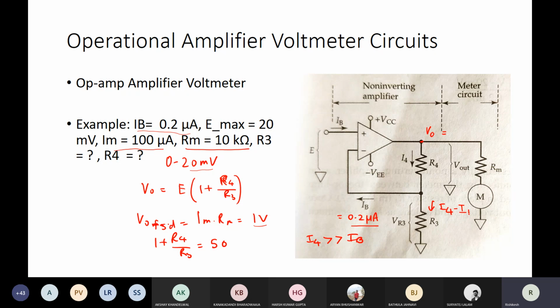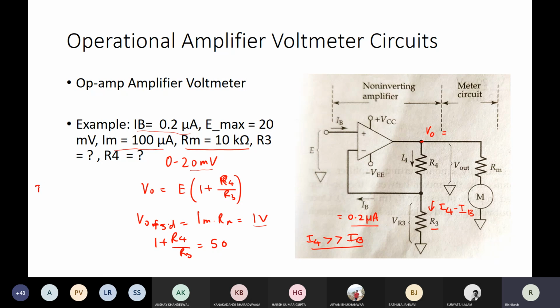In fact it is I4 minus IB, but since we know that the bias current is very low in comparison to the current flowing through these resistances, we can treat it practically that the current flowing through R3 is also I4.